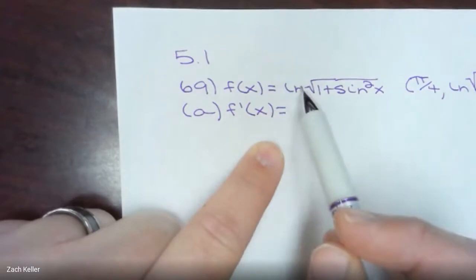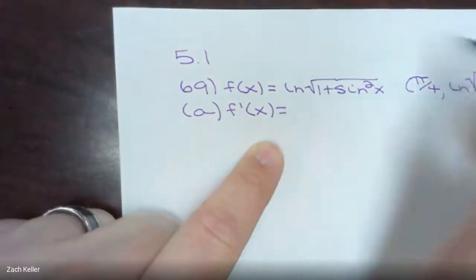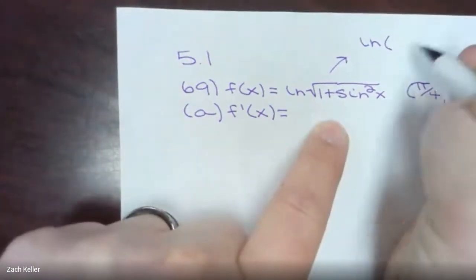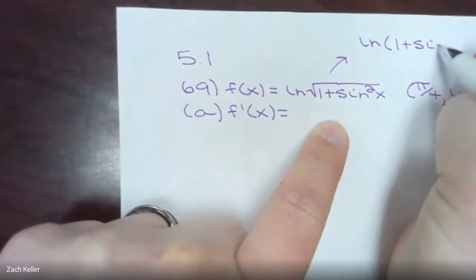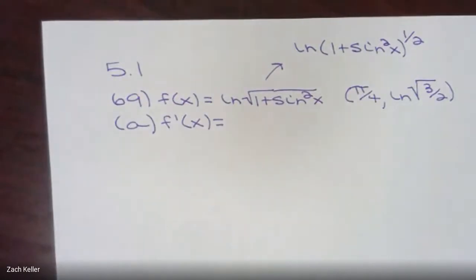I believe it's a log base e. So we can use the property. If I rewrite it like this, ln of, remember square root is 1 plus sine squared x to the 1/2 power. If you write it with the exponent first, then the properties of log say that I can take the exponent and bring it in front.